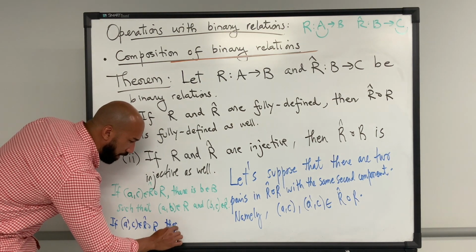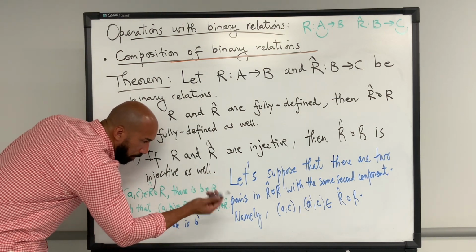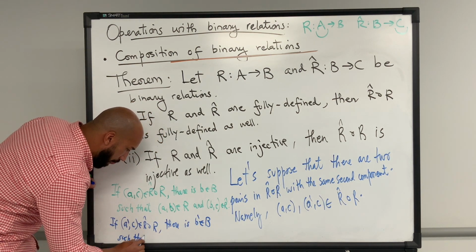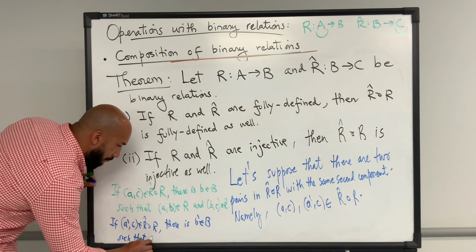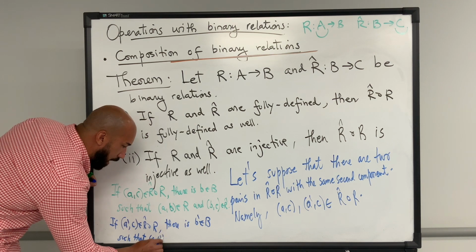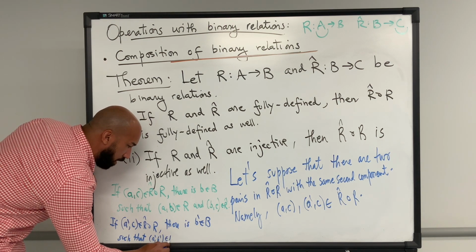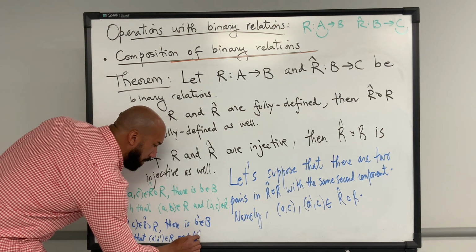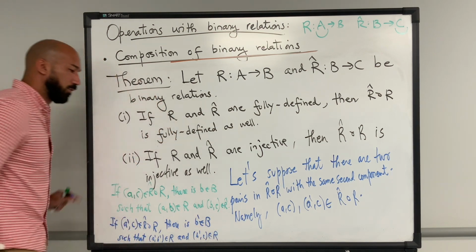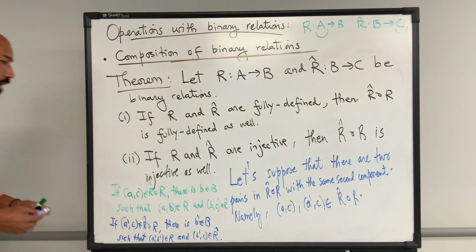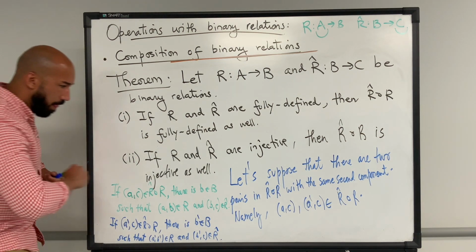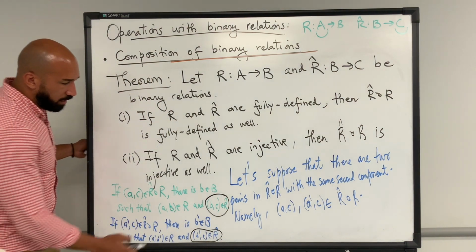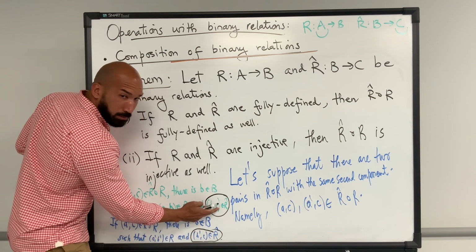Now we can say that there is, let's say B prime, because it's not necessarily this one, in B, such that A prime B prime is in R and B prime C is in R hat. Okay? Is that okay? But now we look at these two pairs. What do these two pairs have in common? So these are two pairs in R hat with the same second component.